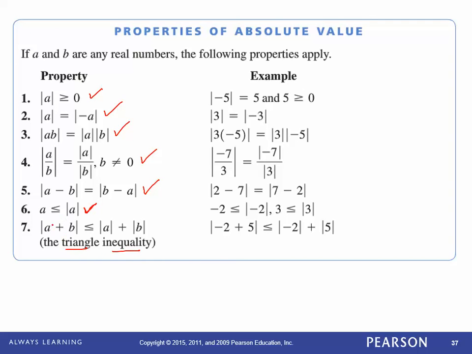If you're taking the absolute value of two numbers that are being added together, that is always going to be less than or equal to the sum of each of the absolute values of them. So I would say things that you're going to see in calculus are 4, 5, 6, 7, but 1, 2, 3 are really basic information you should know already from algebra. Anyways, I don't have time to cover it completely, but I want you guys at least to see it.